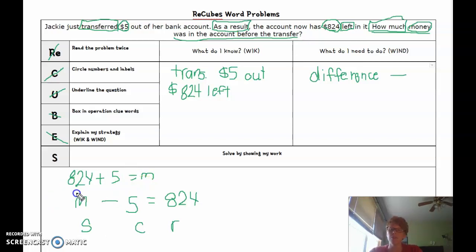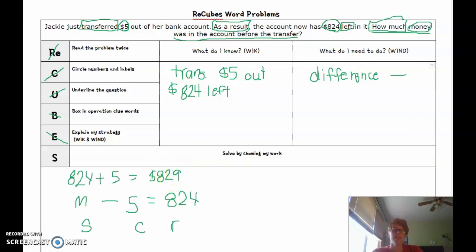Well, 824 plus 5, that's easy enough for us to do together. We don't have to write that all down. 824, 25, 26, 27, 28, 29. 829. So I'm going to erase that M and put $829. And this is what I should see on your paper as well, $829.